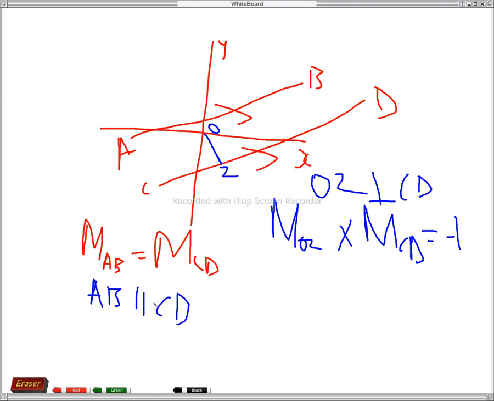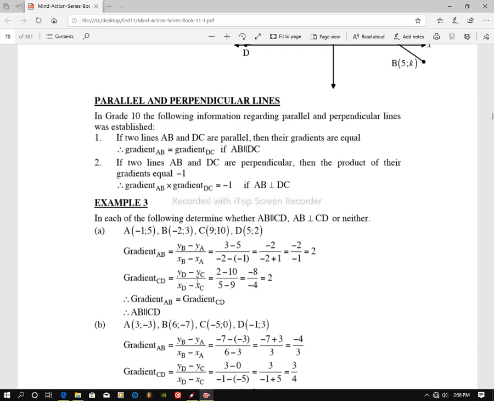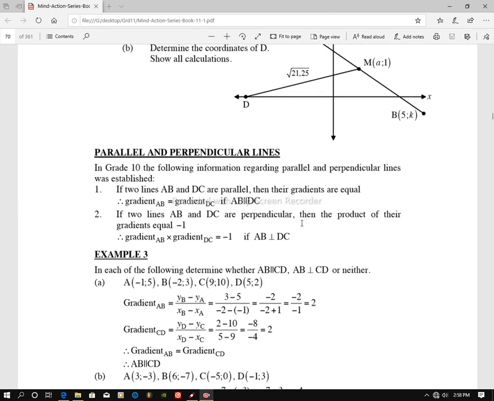Let me go back to the textbook. If two lines AD and DC are perpendicular, then the product of their gradients is equal to -1.